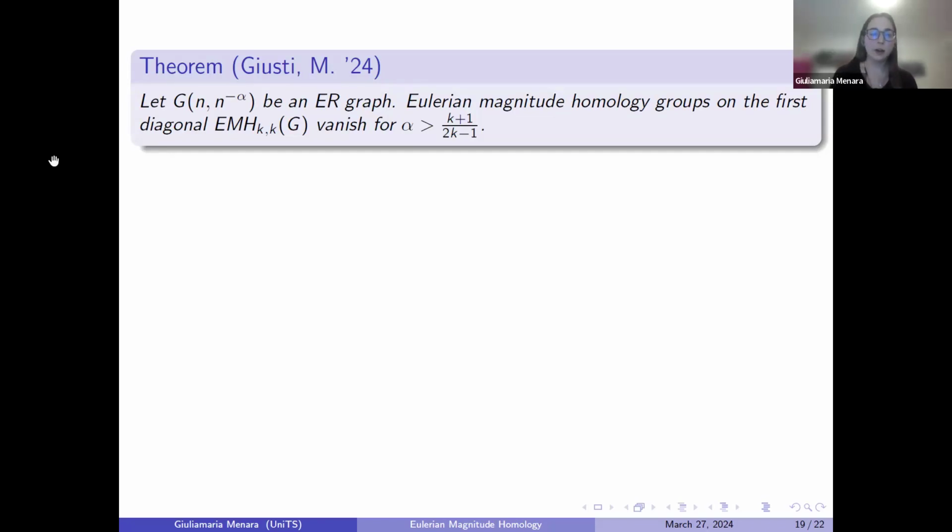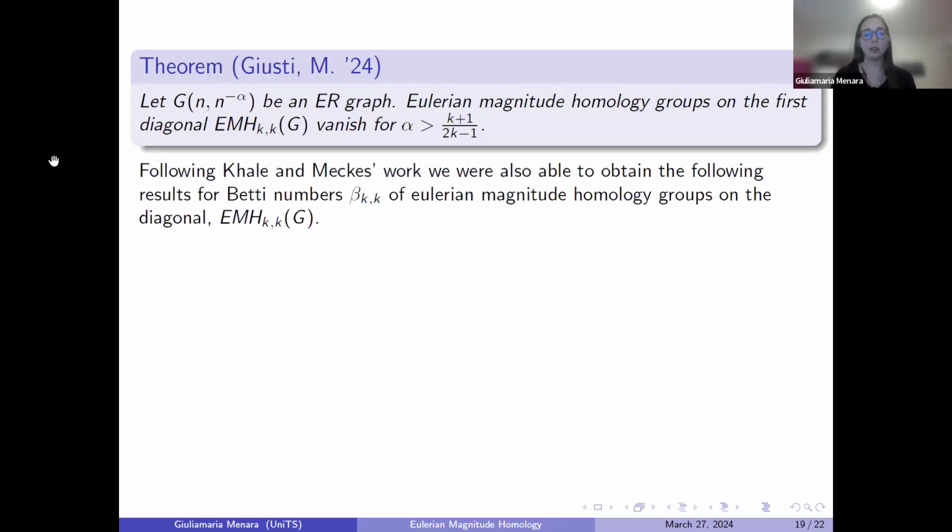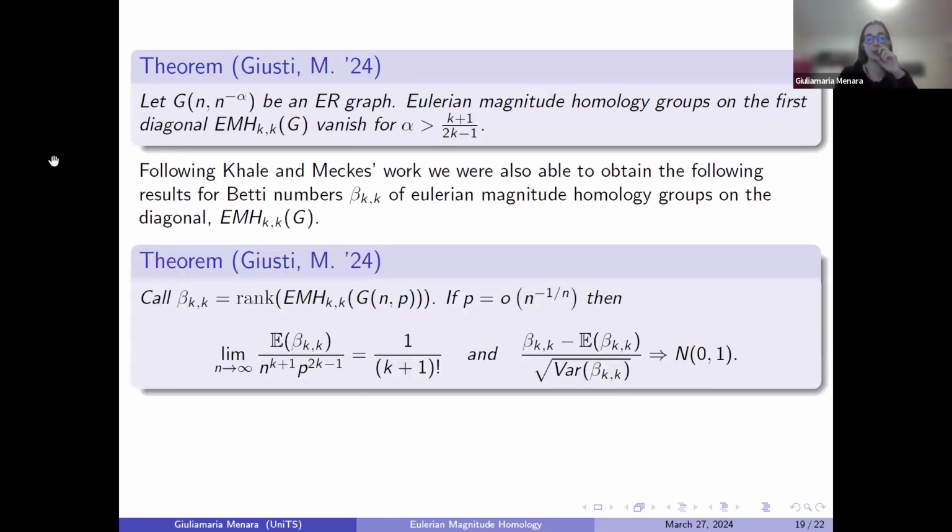And so here we again follow the work done by Matthew Carroll and Elizabeth Mattis, and we were able to obtain these two results. The first one telling an expectation of the Eulerian homology Betti numbers on the first diagonal, and the second one providing a central limit result.